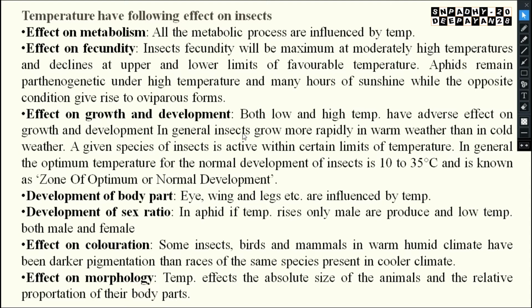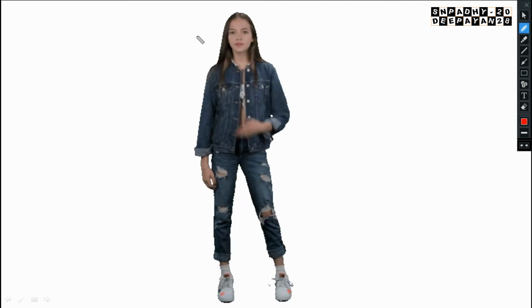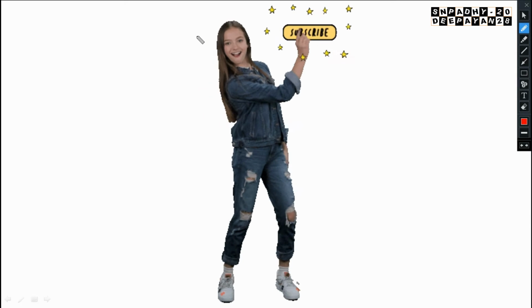Now coming to the second one, that is the effect on fecundity. As all of you know, what is fecundity? Fecundity is nothing but the egg laying capacity, the capacity to lay the number of eggs. If fecundity is higher, very quickly a large number of eggs will be laid.